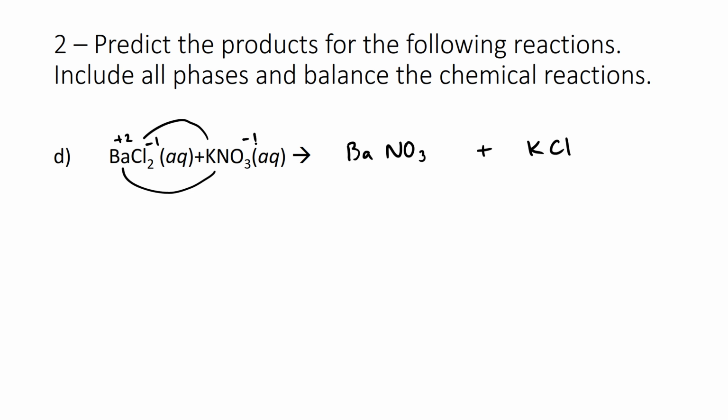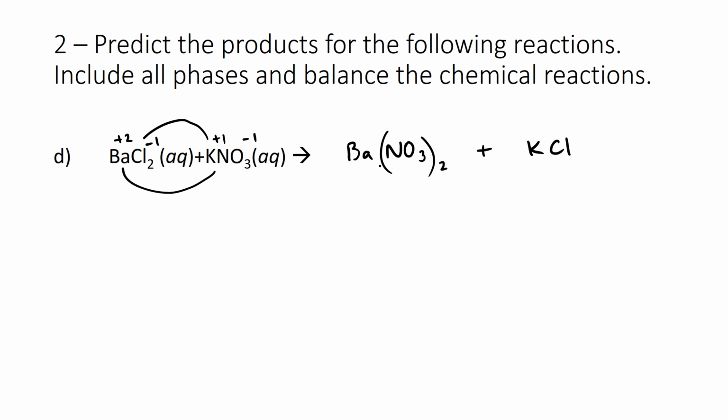NO3 is a -1 charge. K is a +1 charge. So we'll go ahead and mimic those charges over here. +1, -1, -1, +2. In order to make the overall charge here equal to 0, we're going to need 2 of these NO3s. So we can go ahead and erase the charges now that those are all balanced.